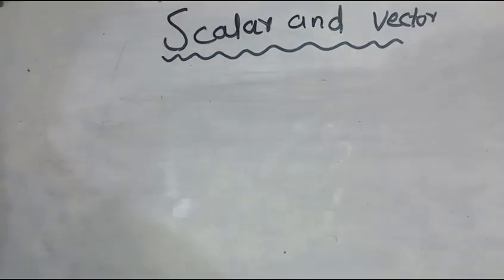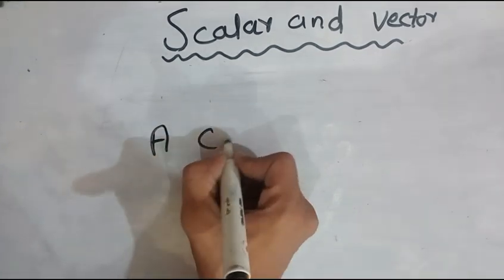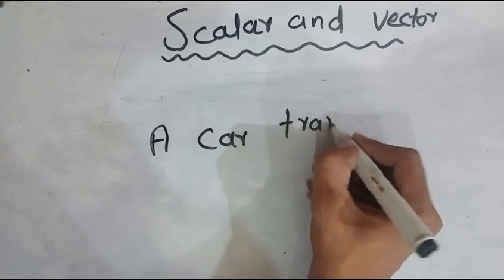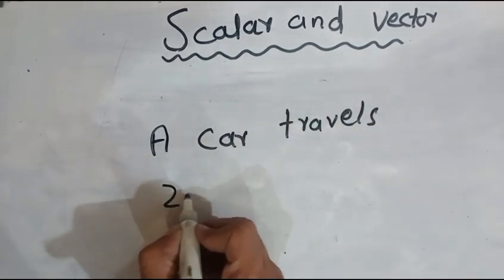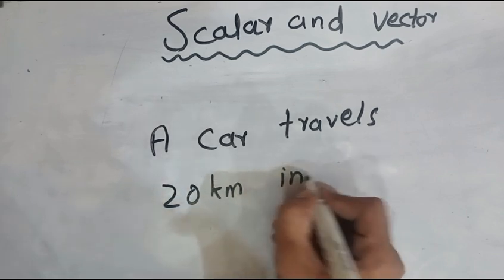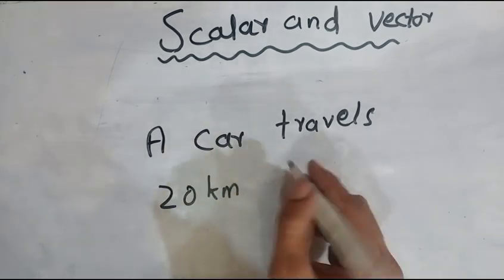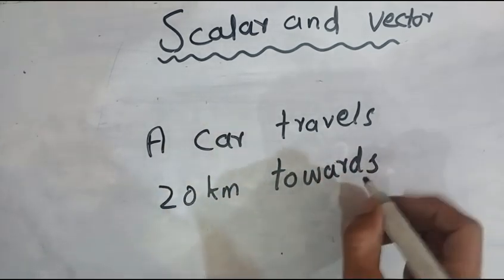Another example of vector quantity can be a car that travels 20 kilometers towards west.